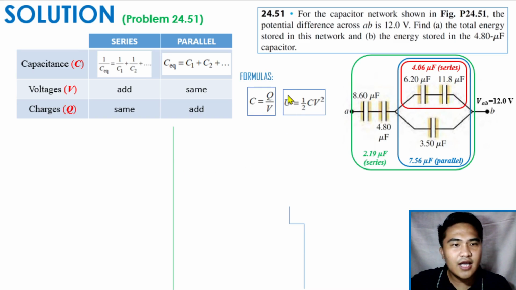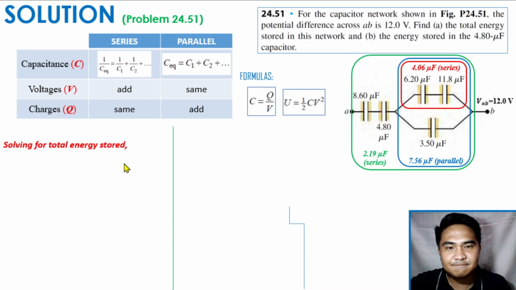To get the total energy stored in this network and the total energy stored in this capacitor, we will apply these formulas. Solving for the total energy stored, U total is equal to 1 half CEQ V squared.